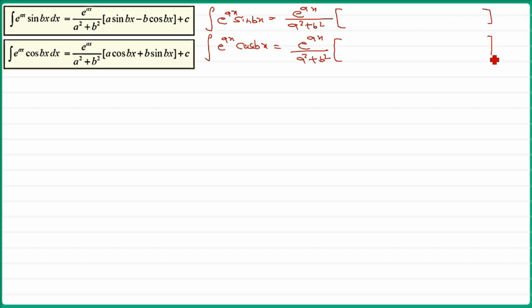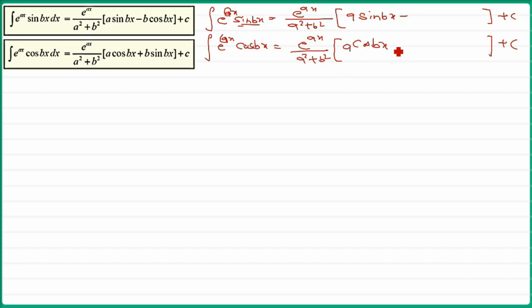Now inside this, of course, we are dealing with indefinite integrals, so we ought to have a constant of integration. Now when we have e raise ax sin bx, just take a and sin bx. So a sin bx. In the same way, we have a cos bx here, because it is e raise ax cos bx, take an a and then cos bx. In sin, there will be a negative sign.